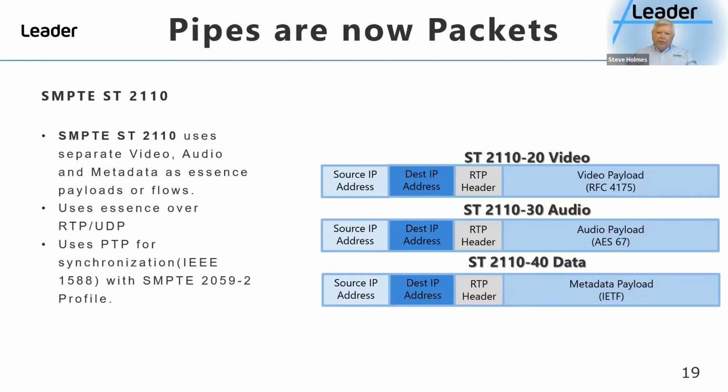One of the unique advantages of having these as three separate flows is this. If you think about sports, a typical sports venue will have around 20 cameras or more looking at the field, if it's a baseball game, or whatever it may be.